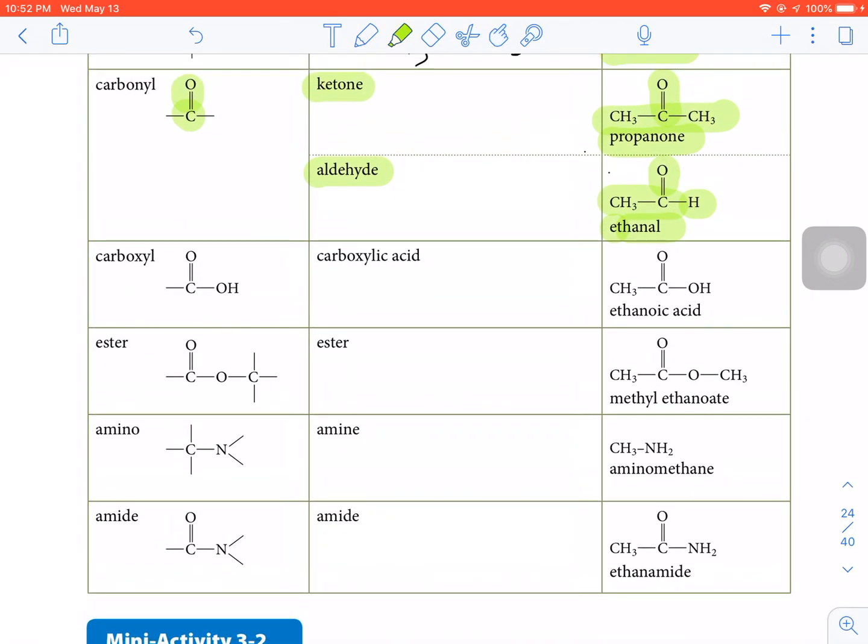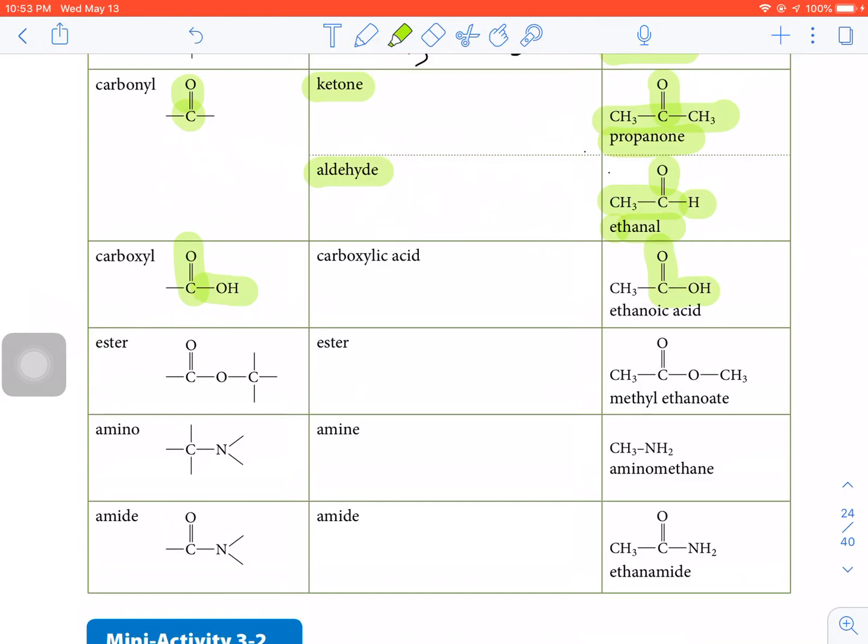I've still got my C double bond O like I had up here, right? But now that carbon is attached also to an alcohol hydroxyl group on the end. So the carbon here is bonded to the C double bond O, and it's also bonded to a second oxygen, which is coupled to a hydrogen.